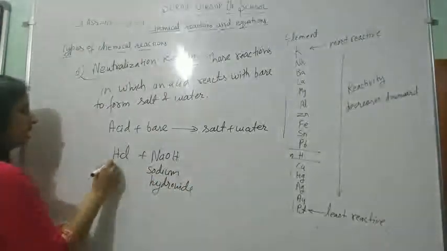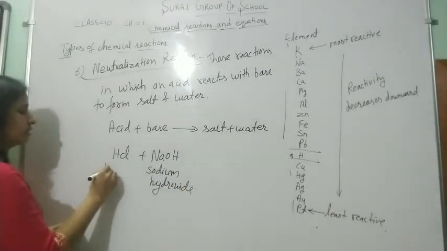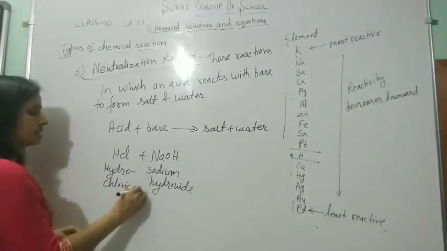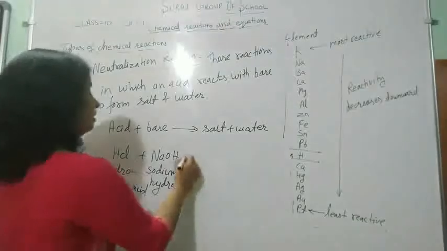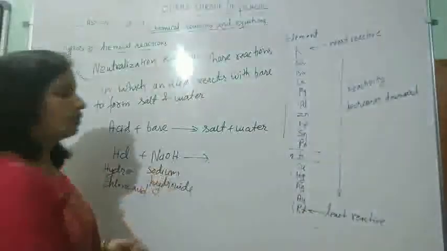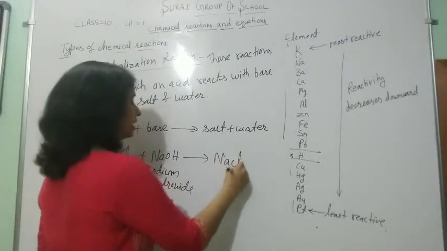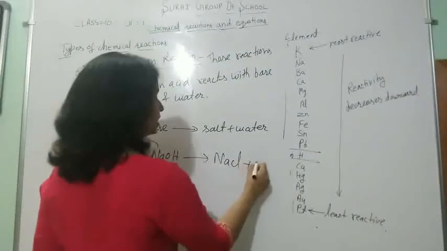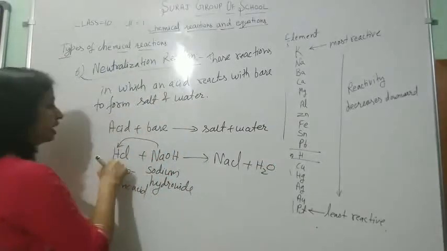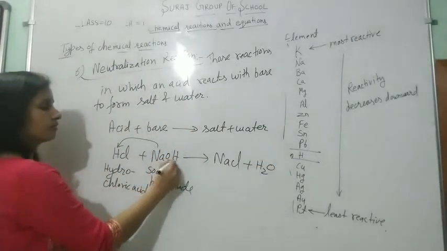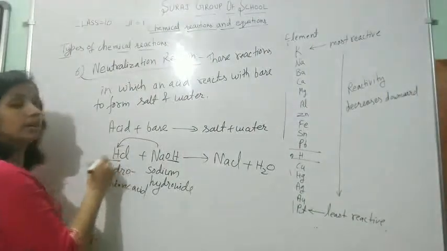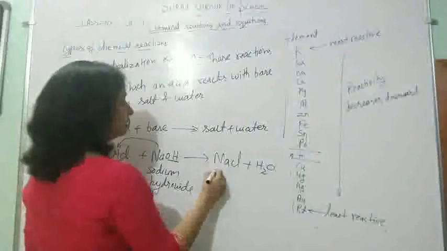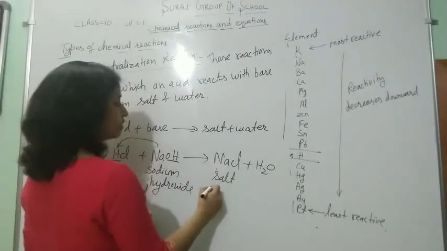They react to form salt, NaCl, because sodium is more reactive than hydrogen, plus water. The hydroxide group combines with hydrogen to form water. This salt is known as sodium chloride.